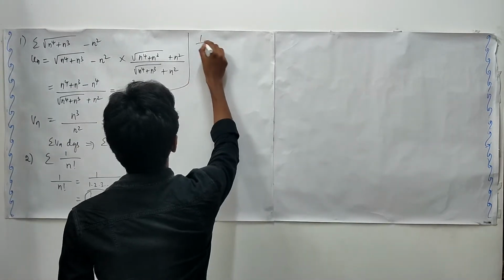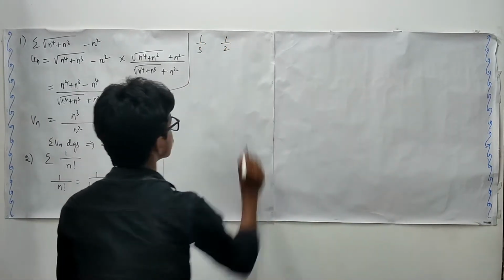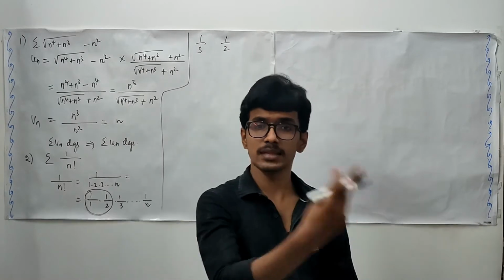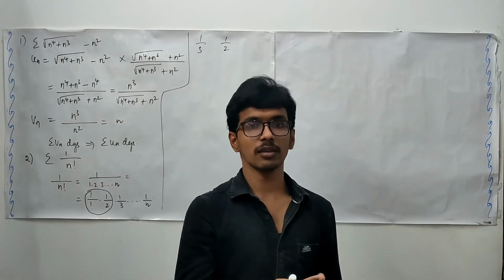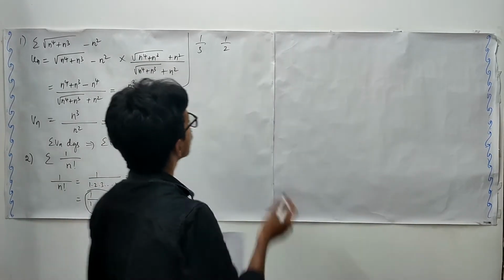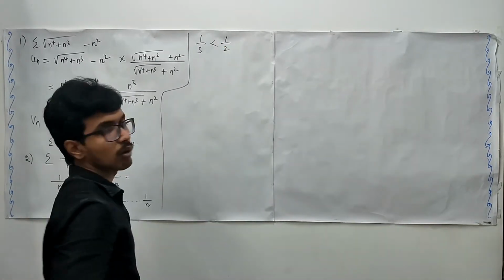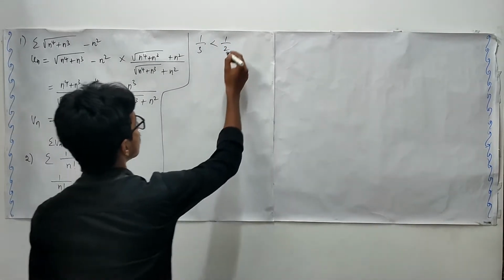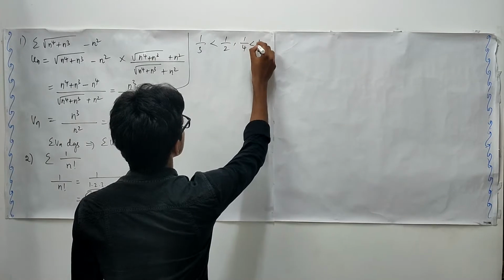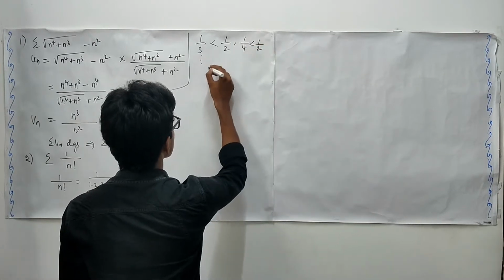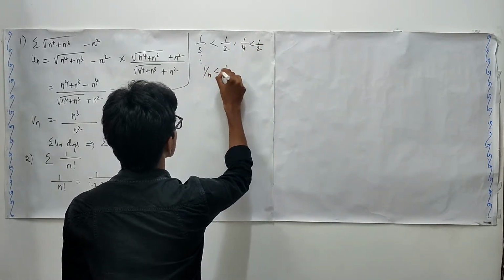Let me compare 1 upon 3 with 1 upon 2. Since 3 is a bigger value than 2, the reciprocal will be reversed. So 1 upon 3 will be less than 1 upon 2. Similarly, 1 upon 4 will be less than 1 upon 2, and it goes till 1 upon n less than 1 upon 2.